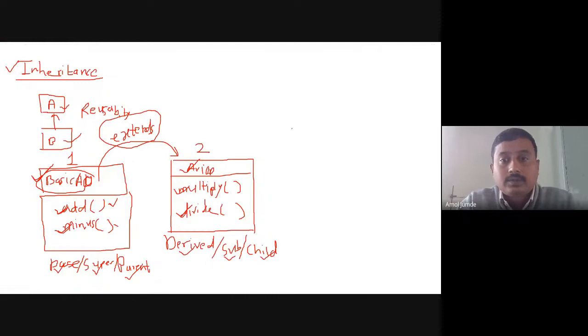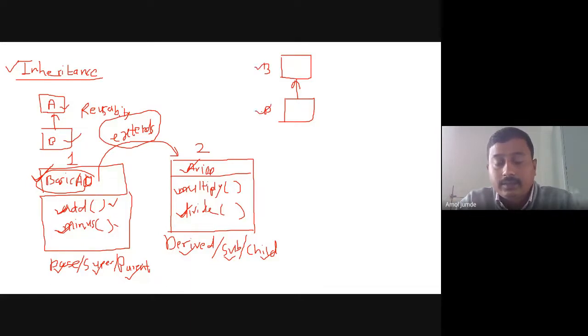So just quickly I will tell you the different types of inheritance. The first type is when you have, okay, so this is the base class, this is the derived class. When you have a single base class and a single inherited or derived class, that is known as single inheritance.